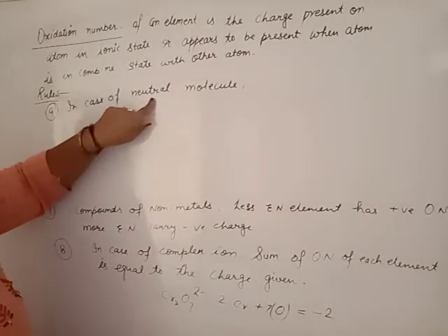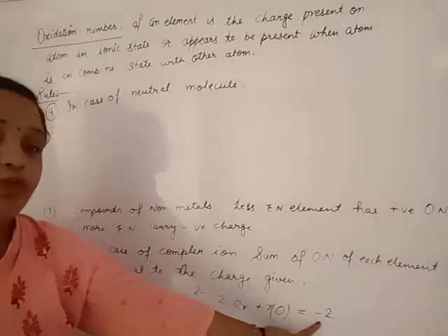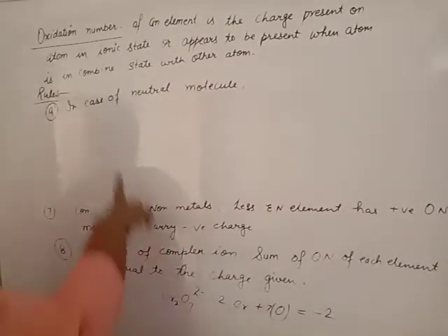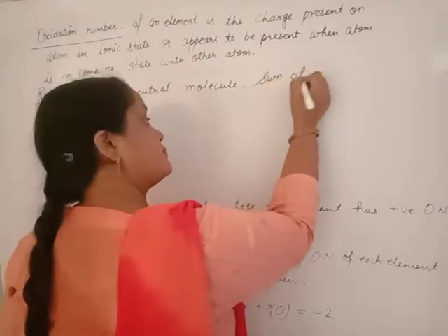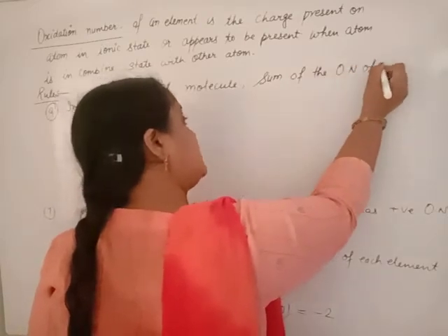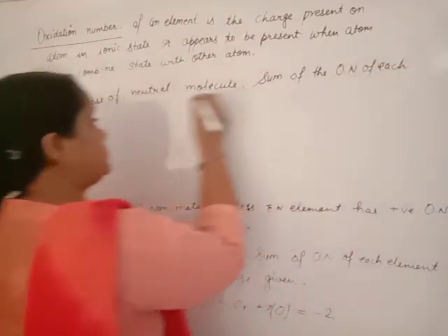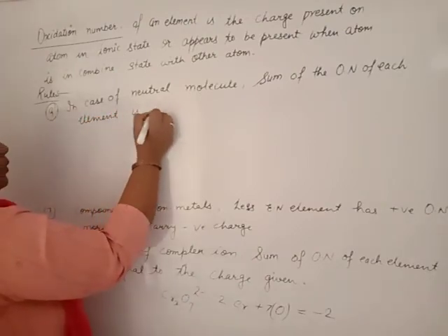Neutral molecule means 0 charge. In case of complex ion, charge is given. In case of neutral molecule, the sum of the oxidation number of each element is equal to 0.